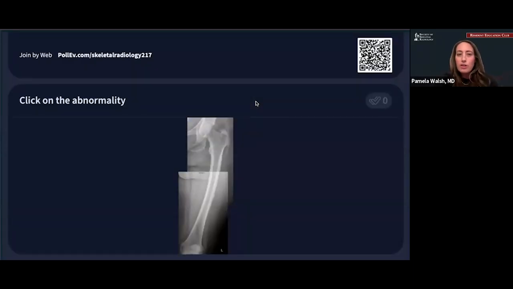Okay, so this one's subtle. This patient came in with some vague thigh pain, and this is kind of two femoral images interposed to look like one nice image.